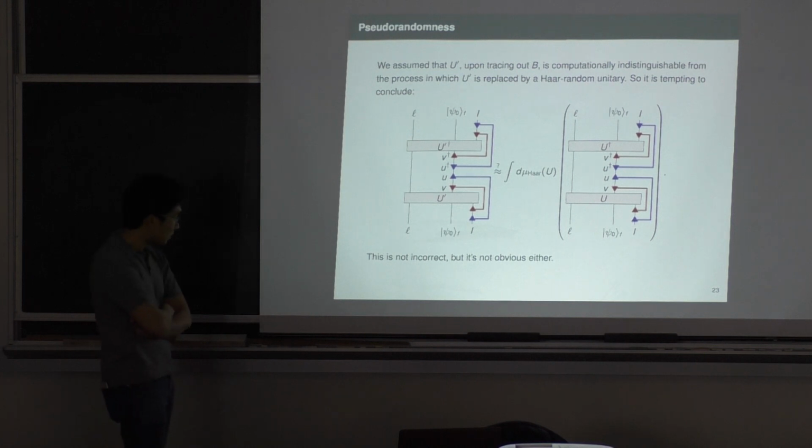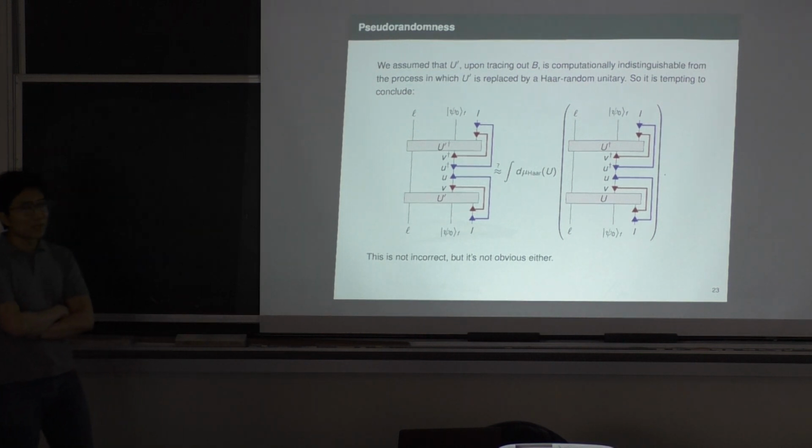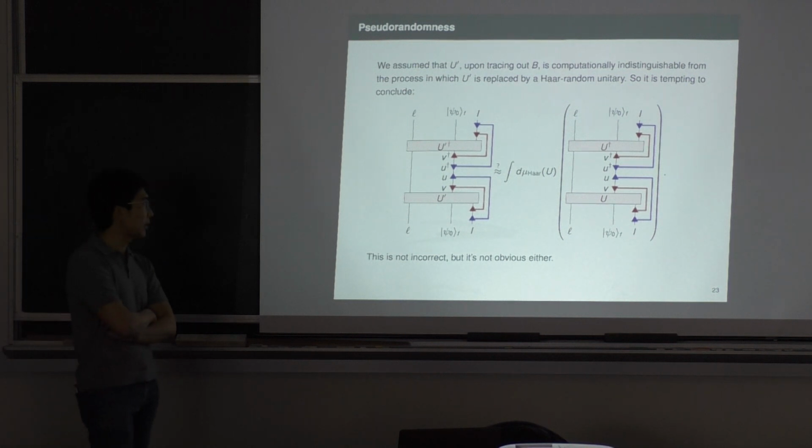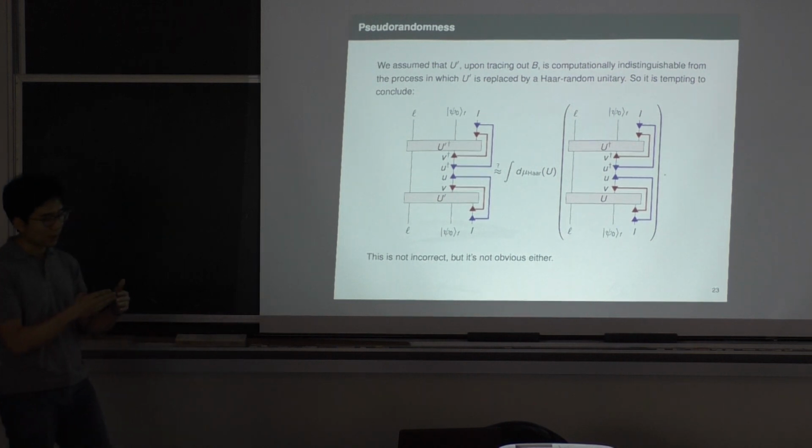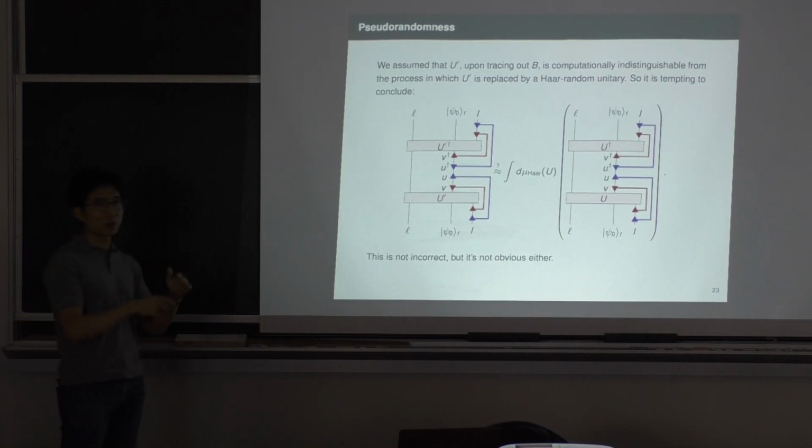But in the end, it's not incorrect. I should say that this is not obvious either. The reason is that when we say that unitary U prime is indistinguishable from a Haar-random unitary, what we really mean is that if we have a polynomial complexity input state and a polynomial complexity measurement, then we won't be able to distinguish the two.